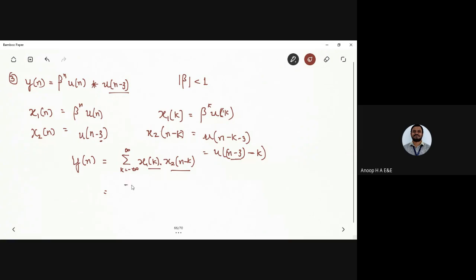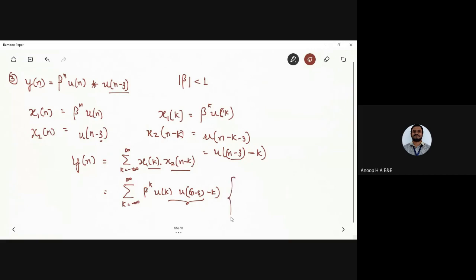So I'll be having a sigma k equals minus infinity to plus infinity. I have x1 of k, which is beta power k, u of k, and I have u of n minus 3 minus k. So these two terms here, I'll be representing as constants, I mean the unit step function.